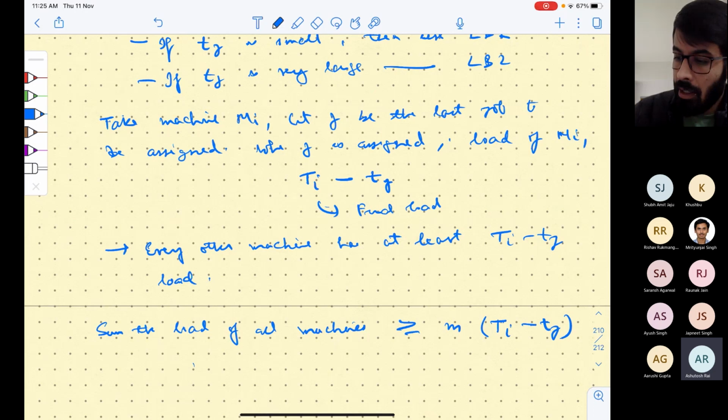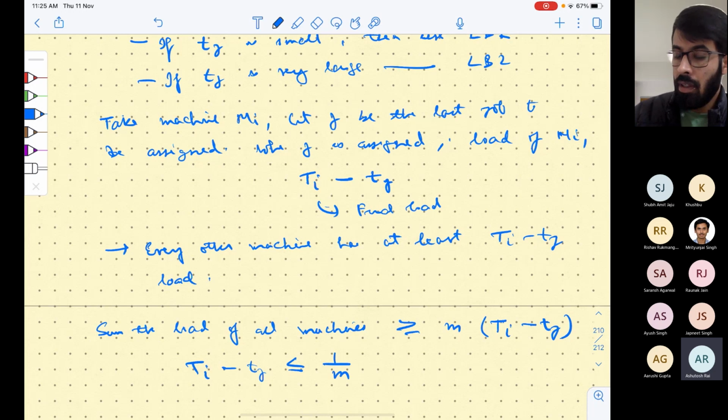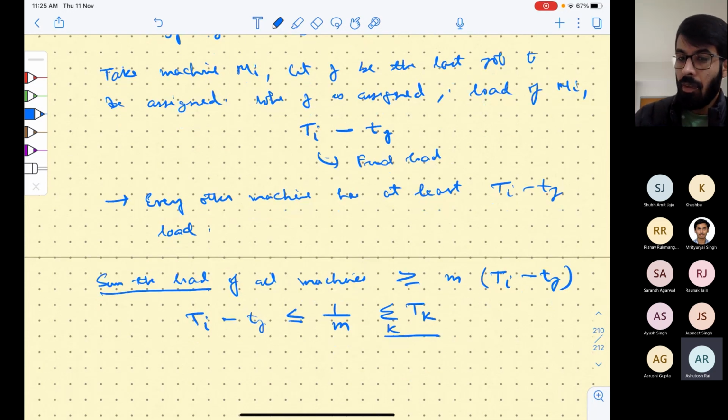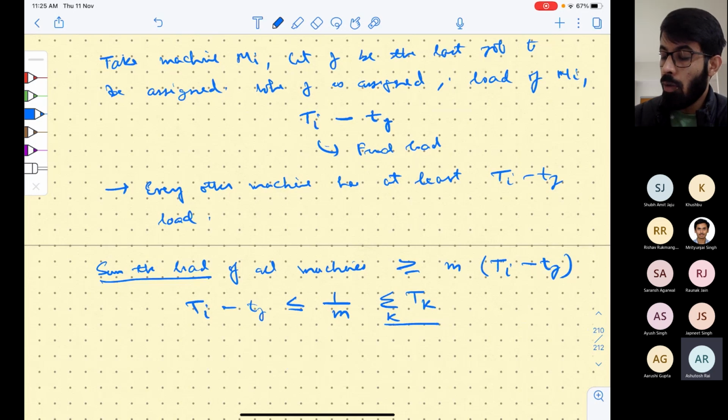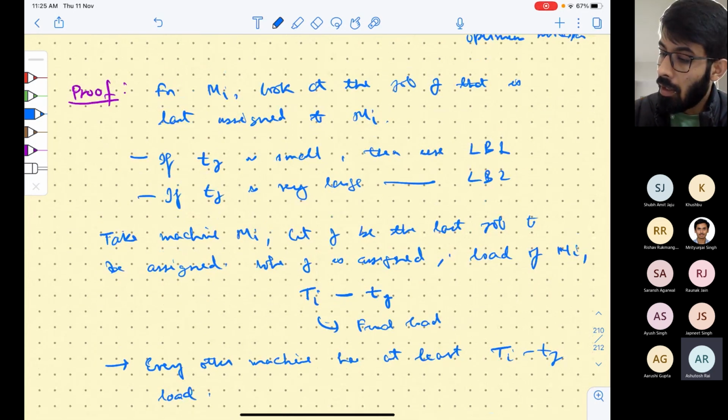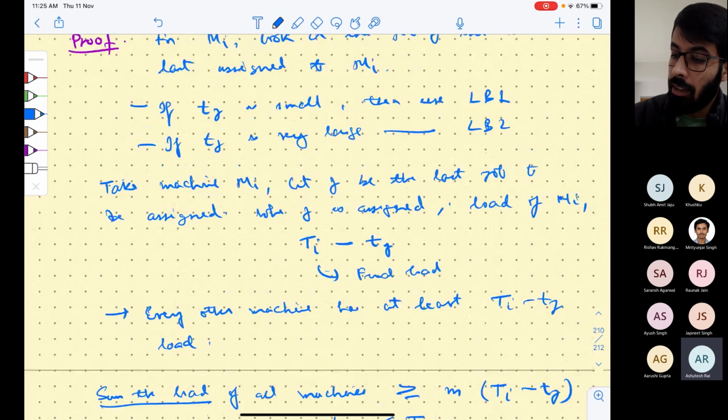Or we can say that Ti minus Tj is less than or equal to 1 over m times the summation over k of Tk, where this is the sum of the loads. And what is the sum of the loads of all the machines?